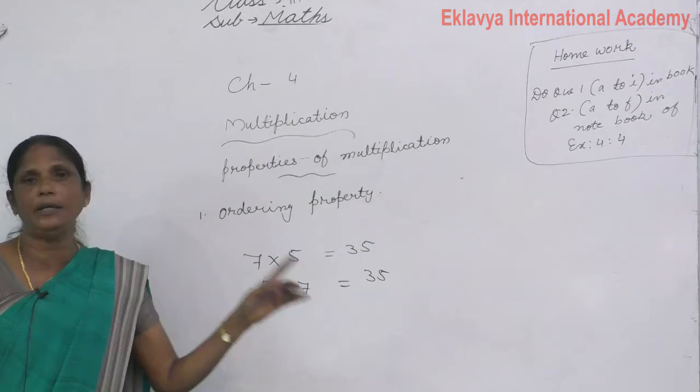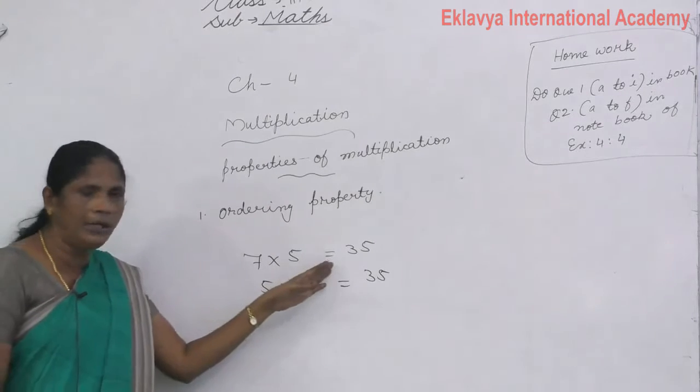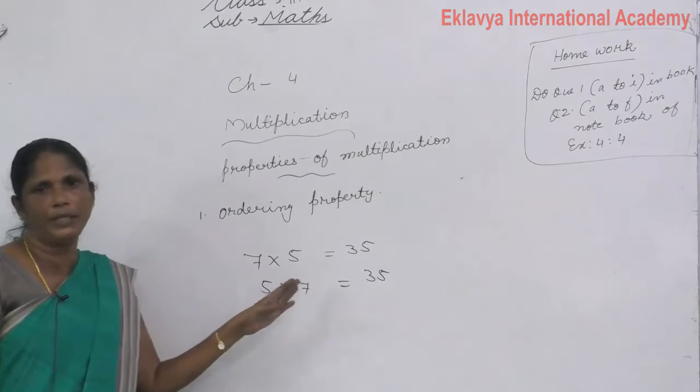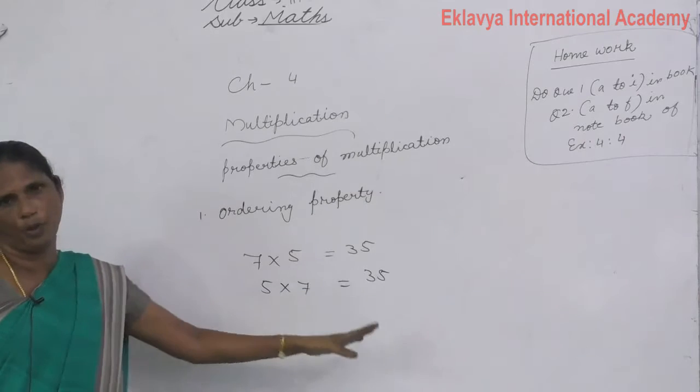That property is called the ordering property.